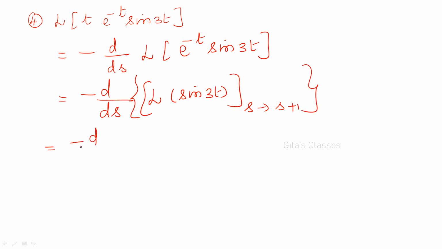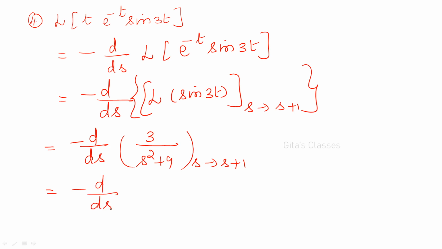Then in which s should be replaced by s plus 1, right? That is minus d by ds of, L of sine 3t is 3 by s squared plus 9, right? S squared plus 3 squared, in which s should be replaced by s plus 1. Or you can differentiate and then replace s by s plus 1 also, that is fine, no problem.